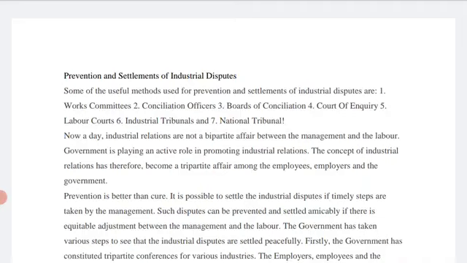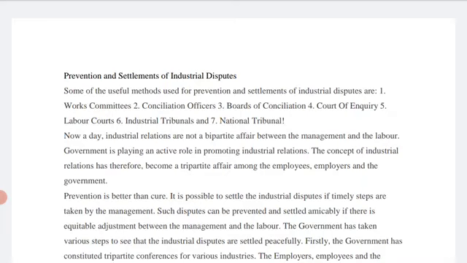So here we will be discussing those points which will help us to prevent and settle the industrial disputes. First, some of the useful methods used for prevention and settlement of industrial disputes are works committee, conciliation officers, board of conciliation, court of inquiry, labor courts, industrial tribunals and national tribunal.